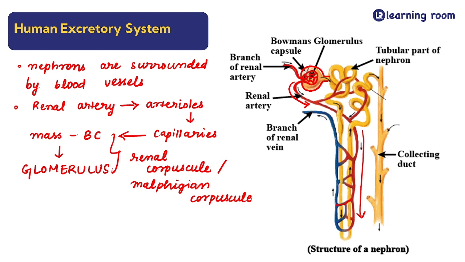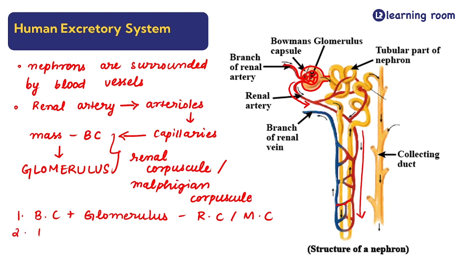Although it looks complicated, let us quickly recap the structure of the nephron. It is actually quite simple. So what do we have first? We have the Bowman's capsule plus the glomerulus, which we call as the renal corpuscle or the Malpighian corpuscle.